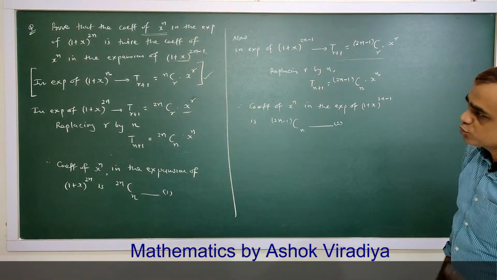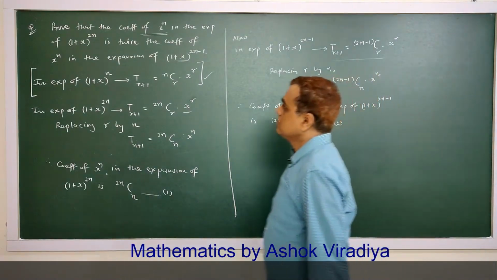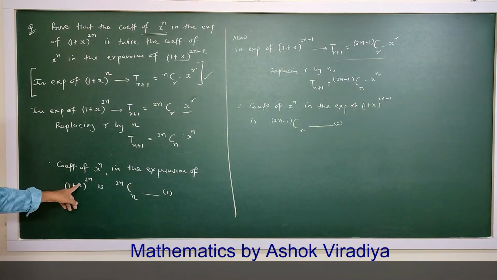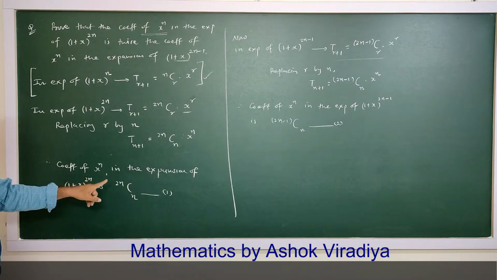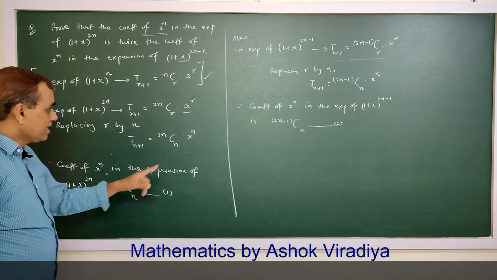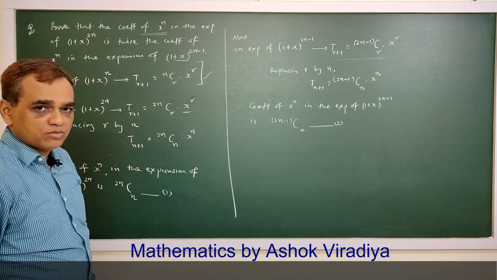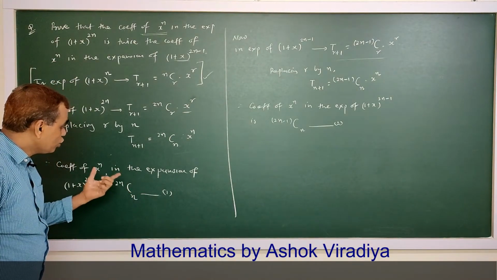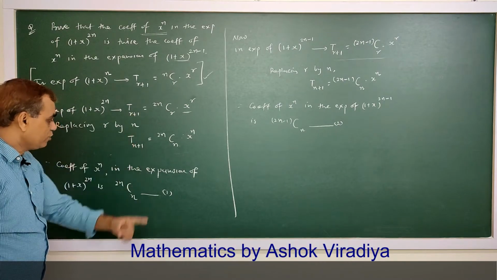Now we want to show that the coefficient of x raised to n in the expansion of (1 plus x) raised to 2n is twice this value. We want to show that it is 2 times that value.